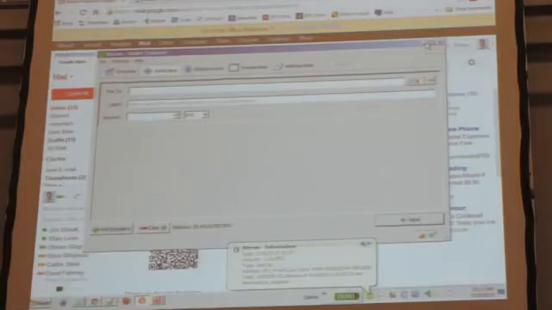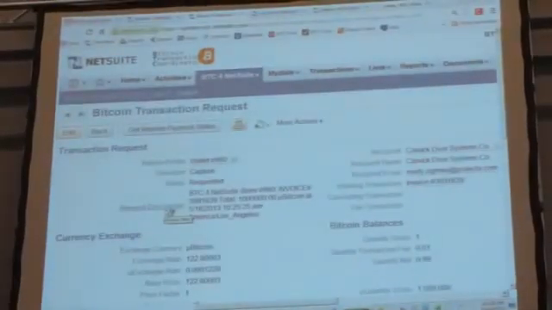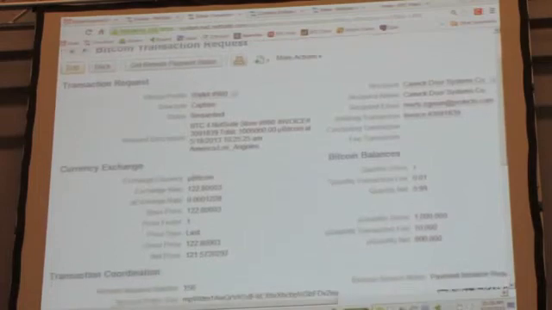Now, the next part of this I kind of call Bitcoin transaction coordination, because we don't want to ship the goods until we know the money's been received, right? So what the organization would do is go to our Bitcoin payment request. Let's have a look at that. This was what was initiated.